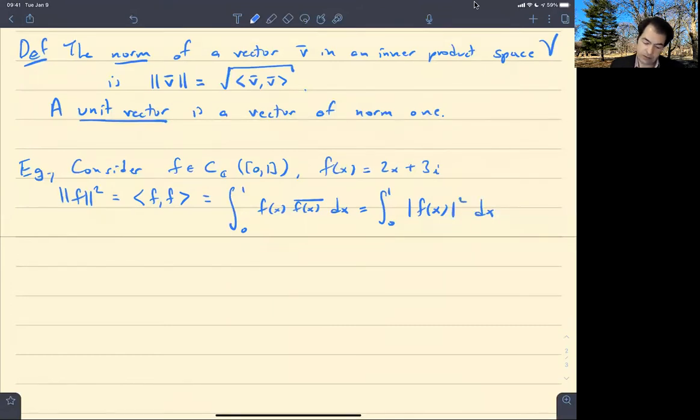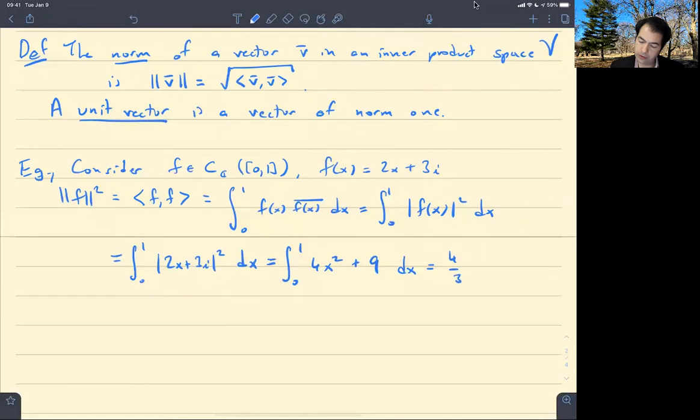In this case, that is the modulus of 2x plus 3i squared. The modulus squared is the real part squared plus the imaginary part squared. If you do this integral, you get 4/3 plus 9. So the norm of f is the square root of this, which is the square root of 31 divided by 3.